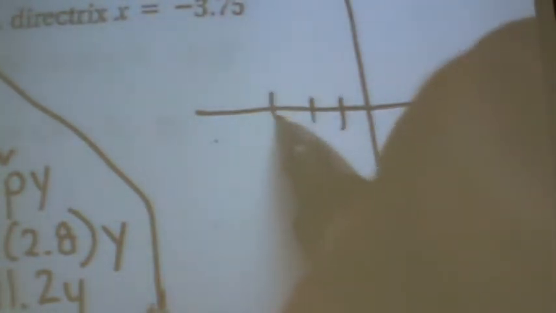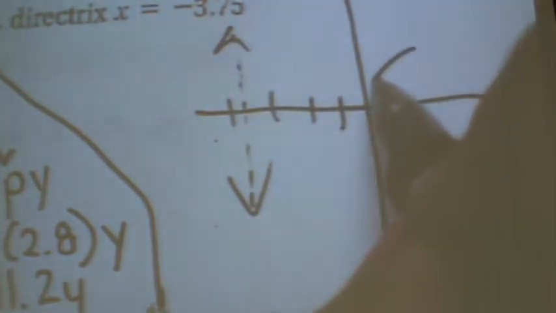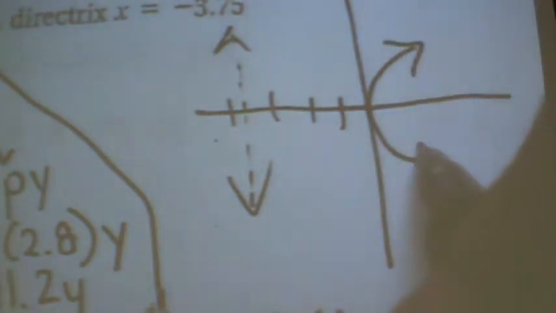x equals -3.75. Is this an x squared or a y squared problem? Y squared equals 4 times p times x, where p is 3.75.